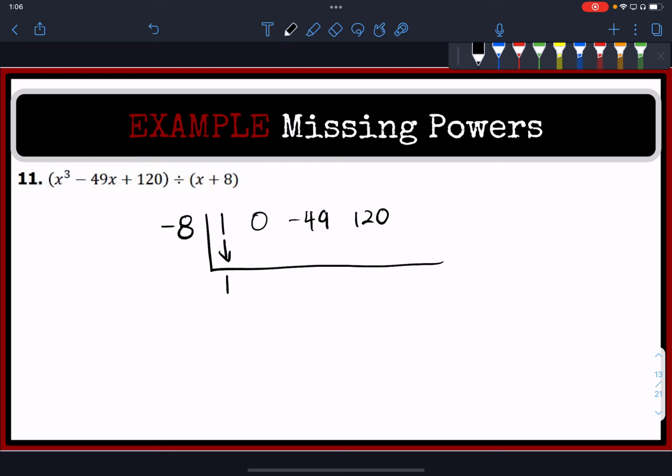Bring down the 1, multiply, add, multiply, add, that's 15. Let's multiply. That is negative 120. And adding, again, gives us 0. So this one doesn't have a remainder, and we end up with x squared minus 8x plus 15.